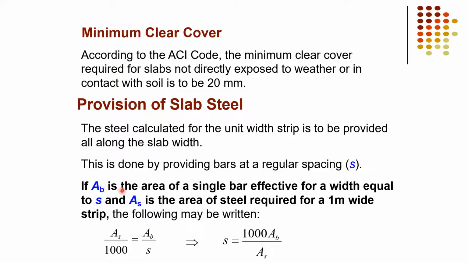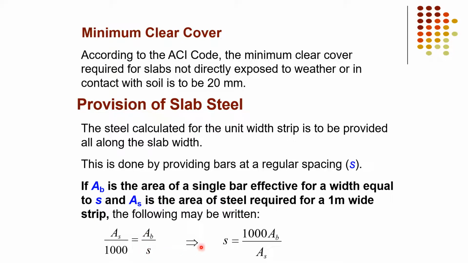If AB is the area of a single bar, effective for a width equal to S, and AS is the area of steel required for 1 meter, then the following may be written: for the 1 meter width, the total area of steel; for one area of bar, one spacing.